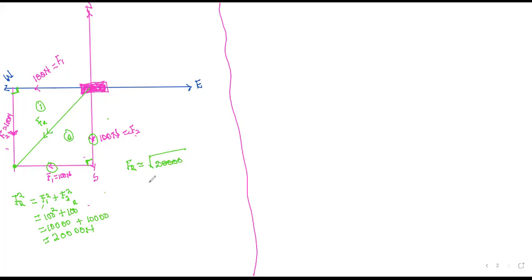And what's the square root of 20,000? 200. What's the square root of 20,000? This is 1.414. So 141.4. Yes.